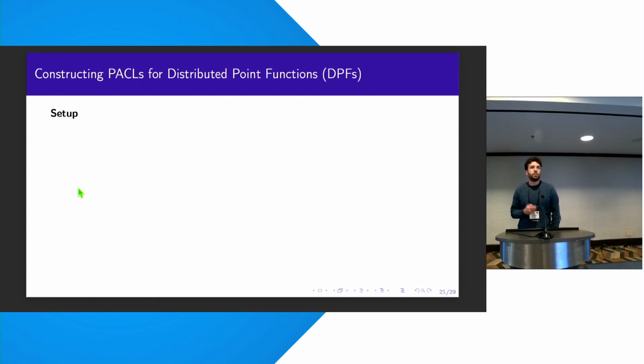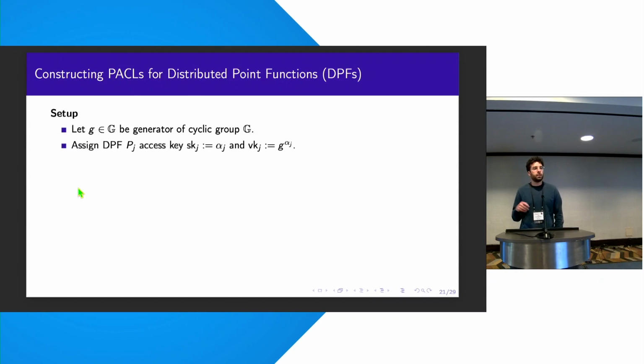So how do we construct PACLs for distributed point functions? We will start with a group G and a generator g. And we will assign to the jth point function the access key alpha j and verification key g to the alpha j.